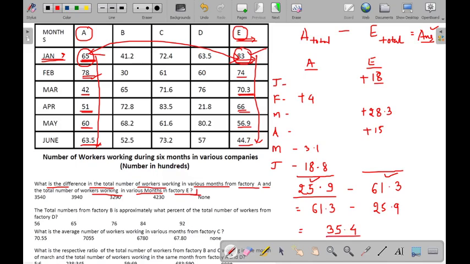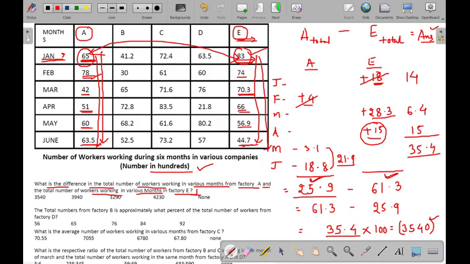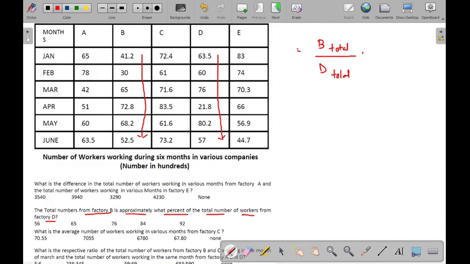Now this is not the final answer, since the values are in 100, so multiply into 100.